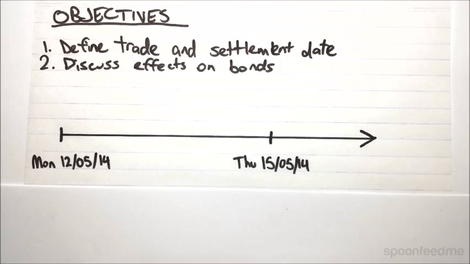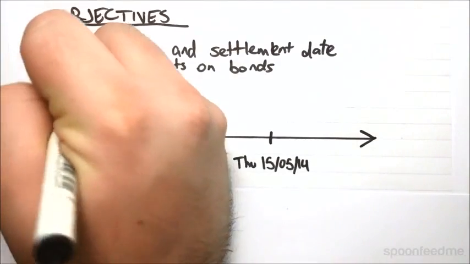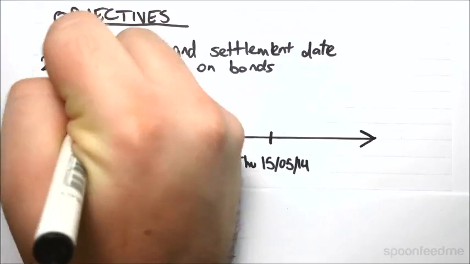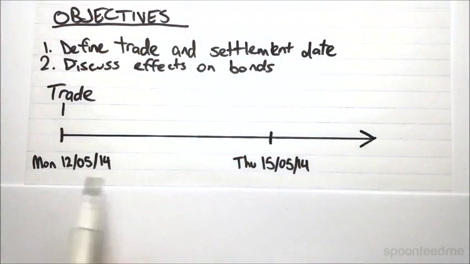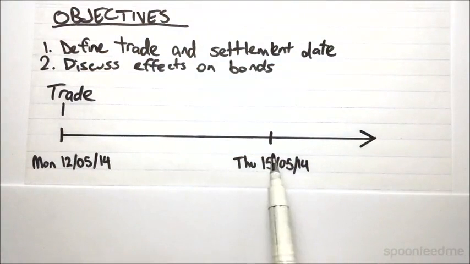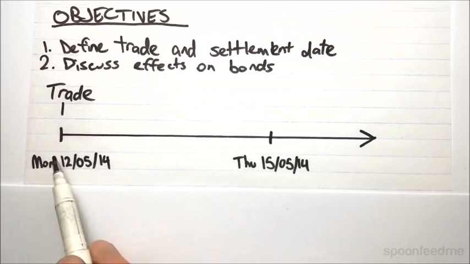And they enter into an agreement that the bond is going to be purchased. And this is what we call the trade date. And this date I've put down here is just a sample date, though I'll get into this in a sec. So that's the trade date.